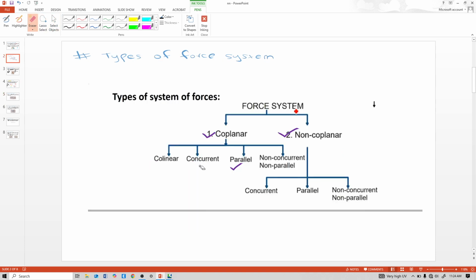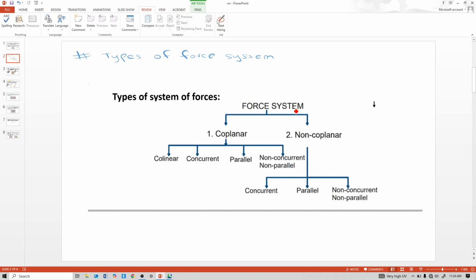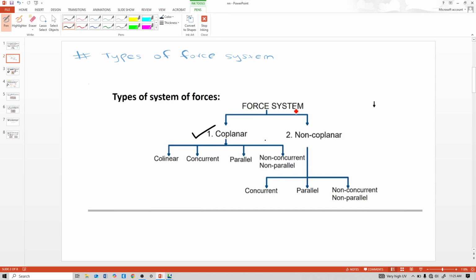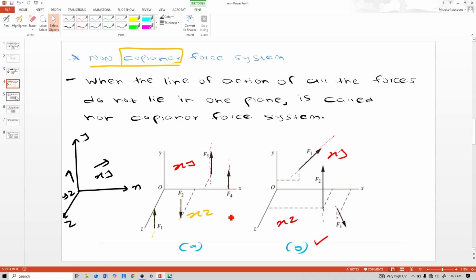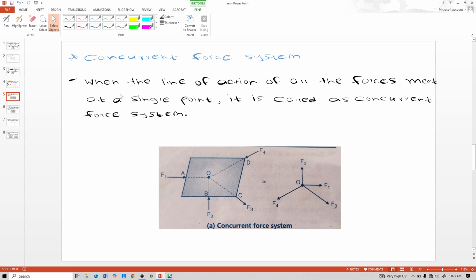See, until now we had seen coplanar, non-coplanar. Now we will see concurrent force system. When the line of action of all the forces meet at a single point, it is called a concurrent force system.